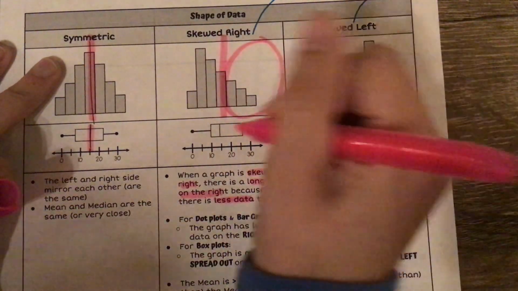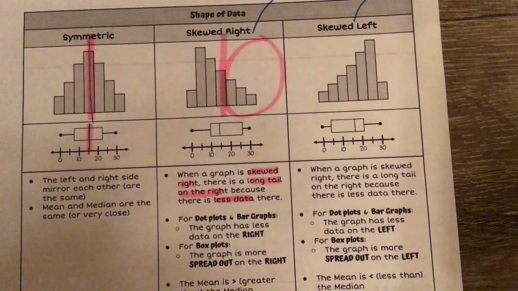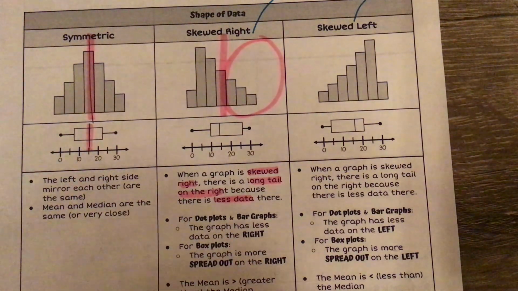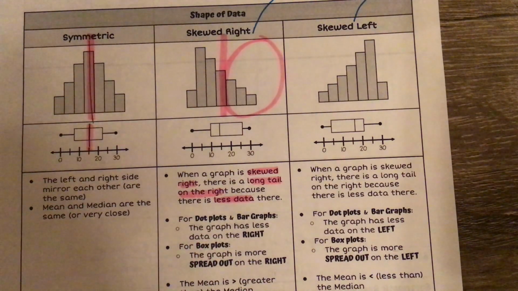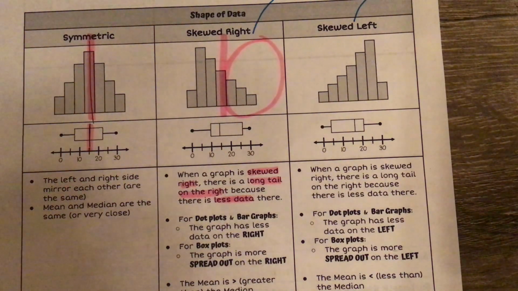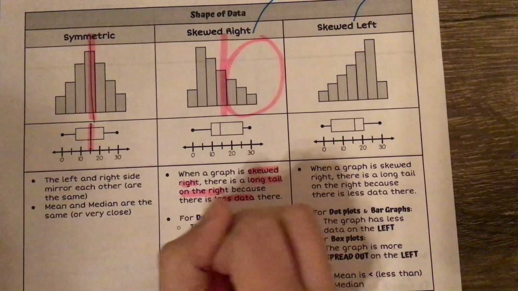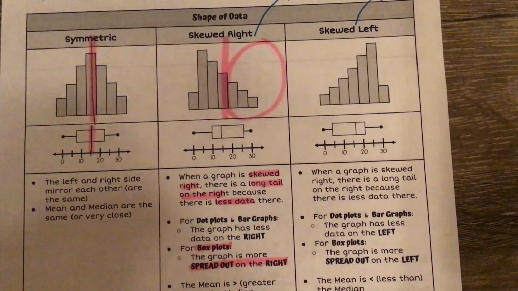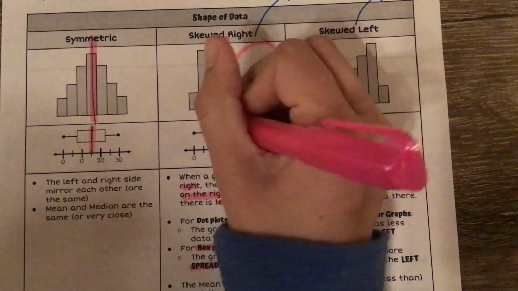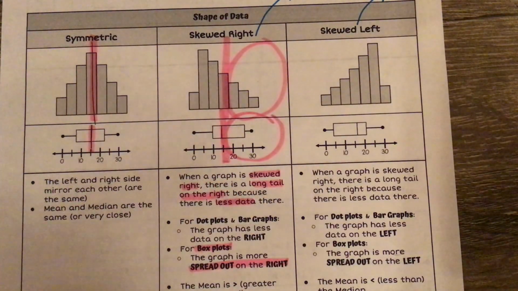Skewed right, and it's more spread out. For dot plots and bar graphs, they have less data on the right, which actually means for box plots that it's spread out on the right. So when we split it in half at that median, it is spread out.